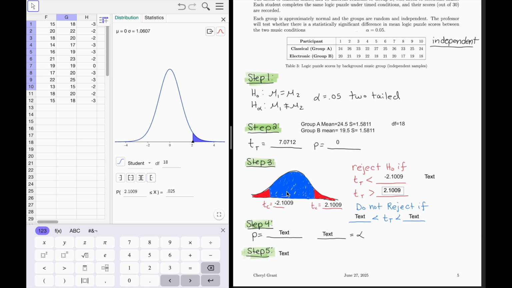To fall in the region that's blue, where we're not going to reject the null hypothesis, that would be between negative 2.1009 and positive 2.1009. When you look at the test statistic, you'll see that it's greater than 2.1009. So we're going to reject the null hypothesis.